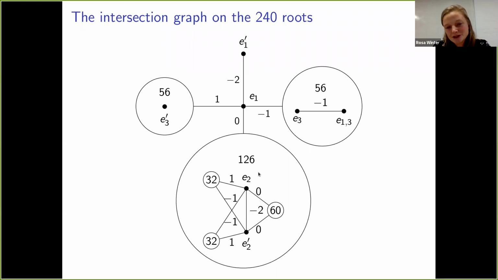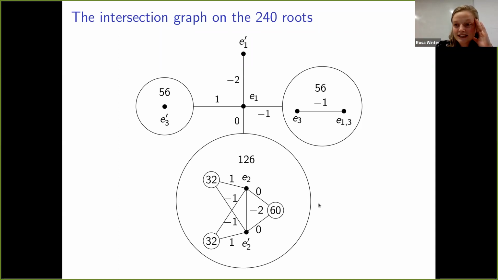And for each of those 126, there are exactly 60 again that are orthogonal, etc. So this is a small attempt to draw the graph on the 240 roots with all their intersection multiplicities, but of course you cannot really do this in a very visible way. So this is just part of it.